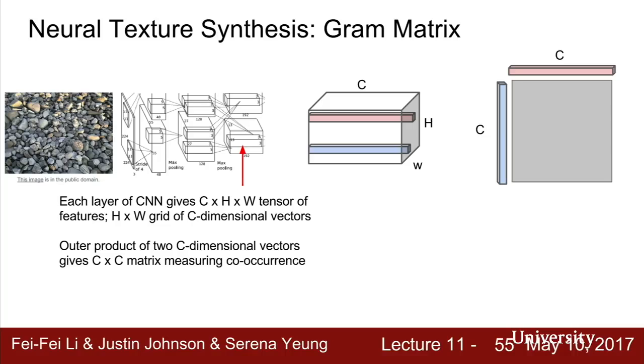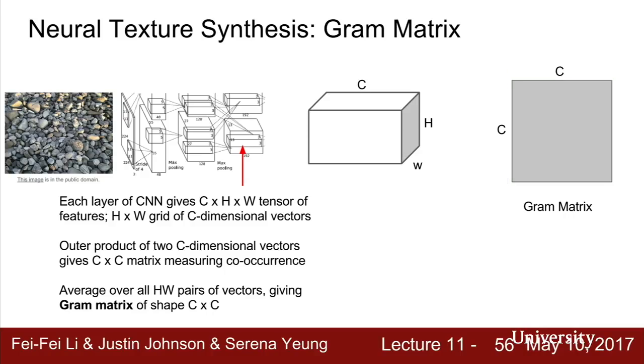Right? So if element ij in the C by C matrix is large, that means that both elements i and j of those 2 input vectors were large. So this somehow captures some second-order statistics about which features in that feature map tend to activate together at different spatial positions.